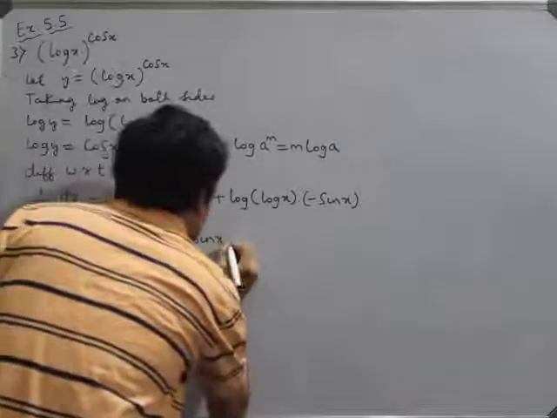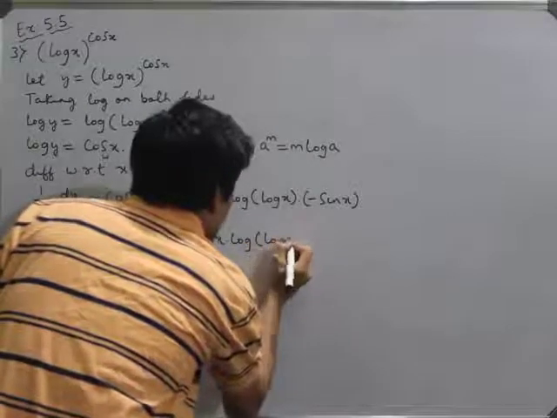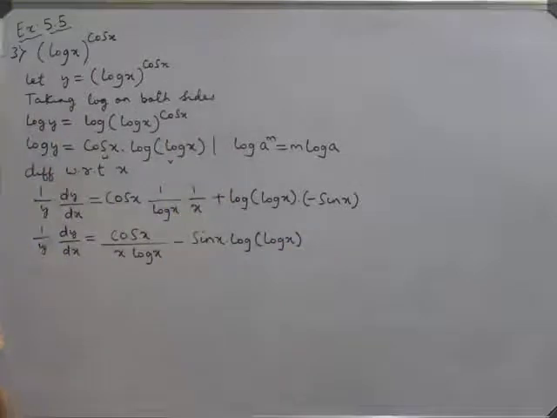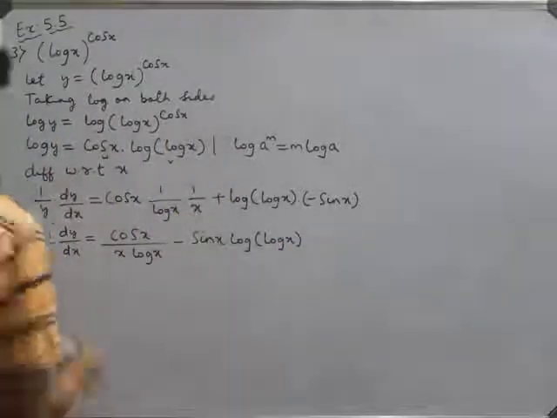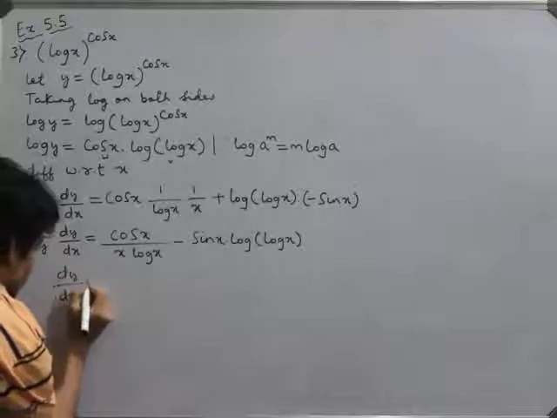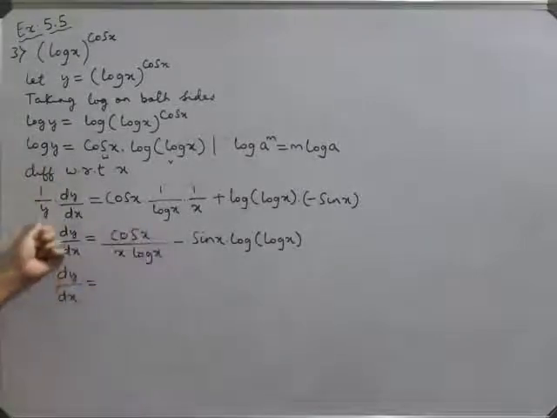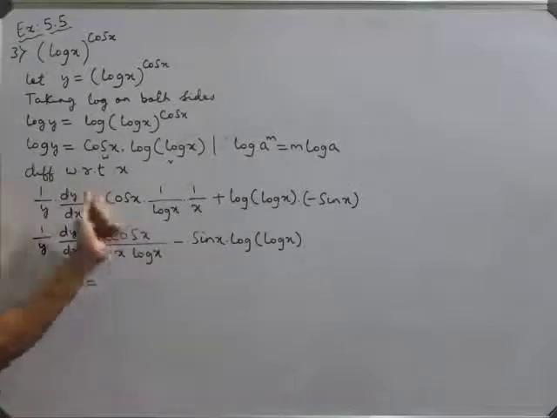Sin x into log of log x. Okay. Now dy by dx is equal to, shift this y to RHS. 1 by y, it is, this will go to numerator.